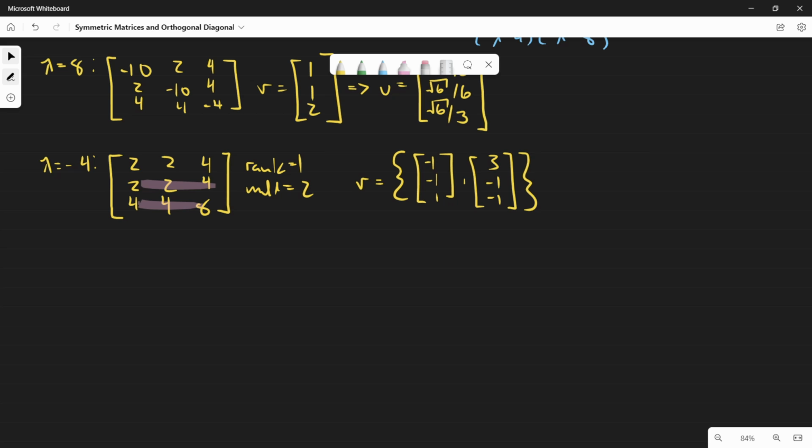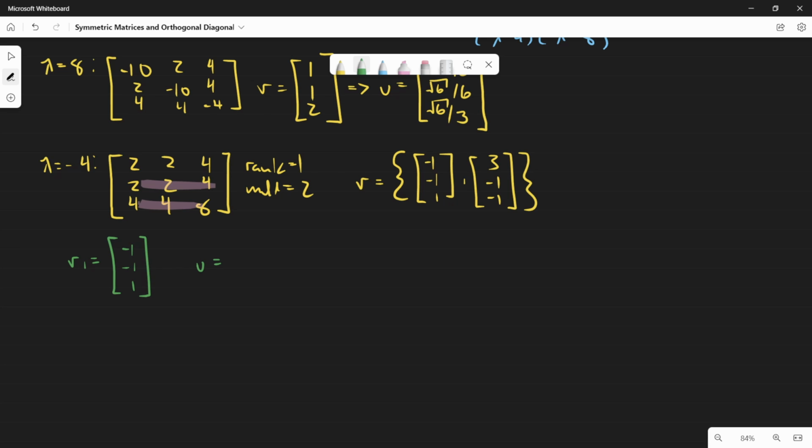However, we want to have an orthogonal matrix P. So that means we have to make sure that this set of eigenvectors is an orthonormal set. So we have to do the Gram-Schmidt process. The first step is, the first one is equal to the usual vector, so negative 1, 1.